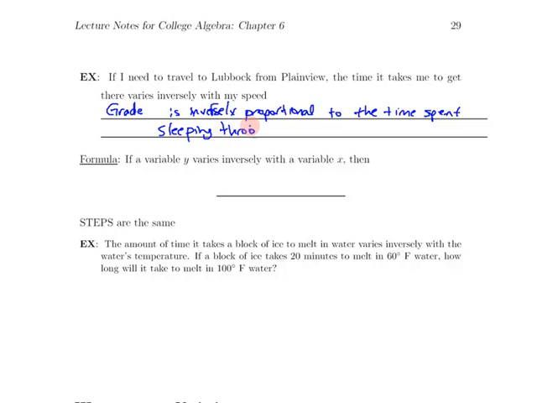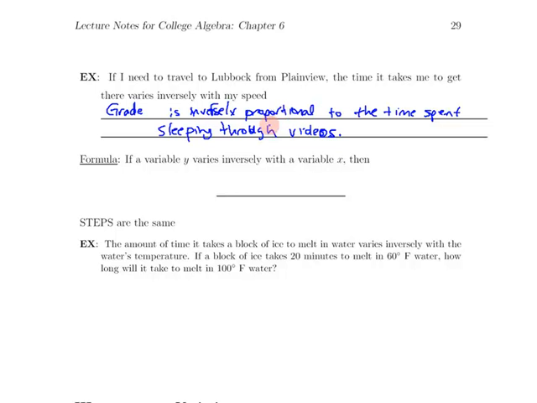Surely that's not happening, but you can imagine that if you spent more time sleeping through the videos, your grade is going to go down. If you spend less time sleeping through the lectures, your grade is going to go up. Okay? Now, you could probably think of even better examples, and you will see plenty of examples in the homework that you're doing for this section.